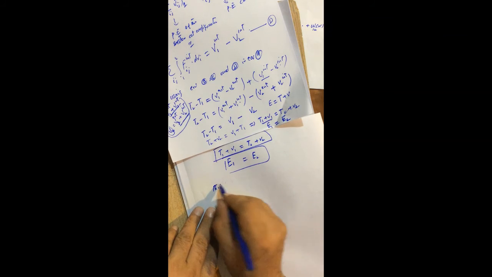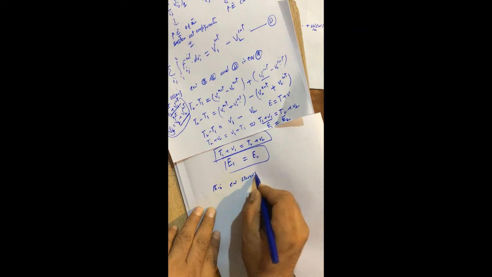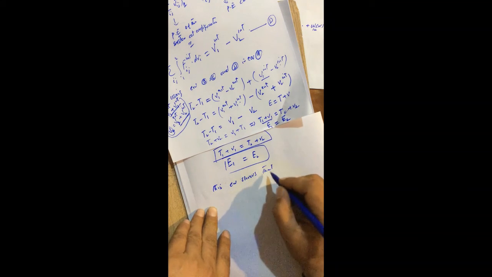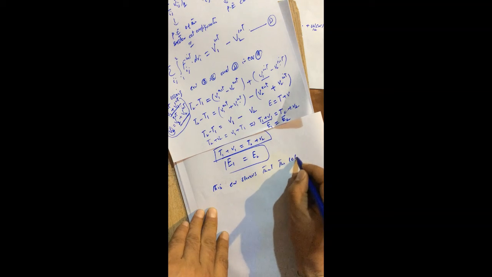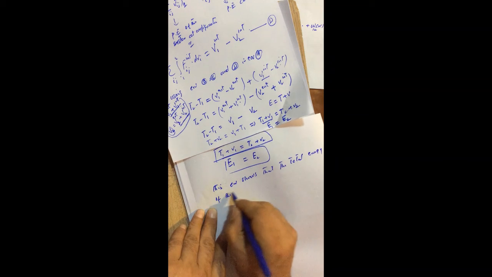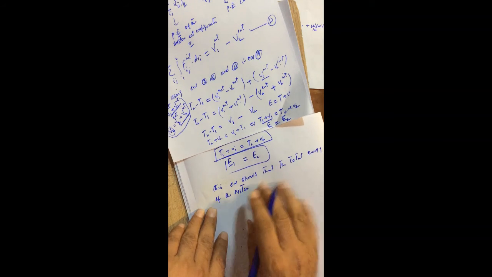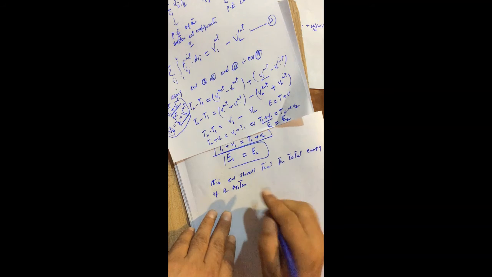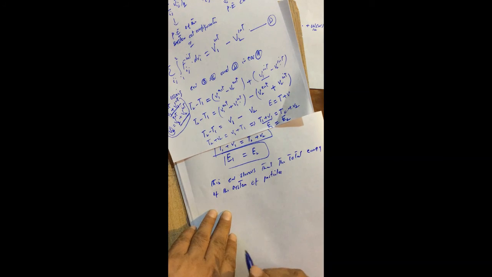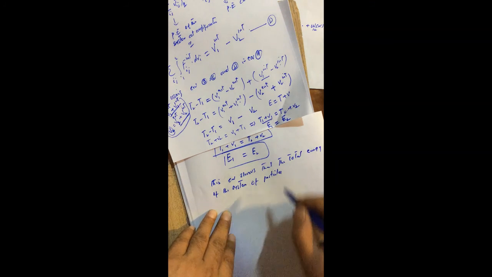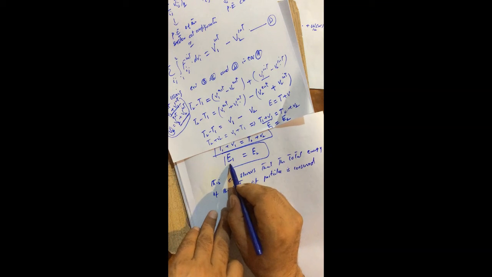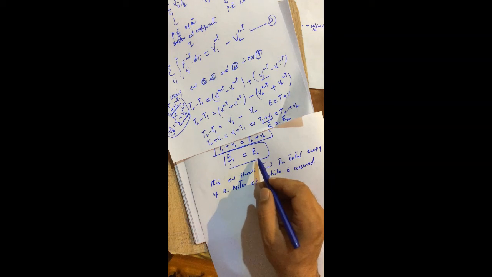This equation shows that the total energy of the system of particles is conserved, because the energy of the particle at position 1 is equal to the energy of the particle at position 2.